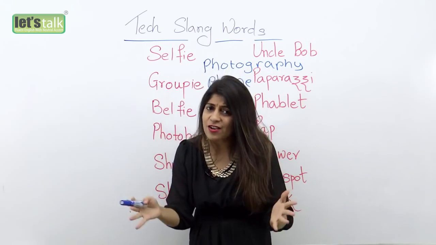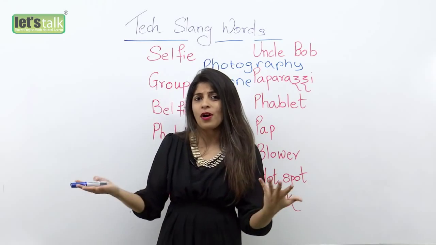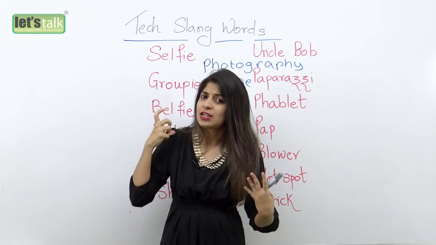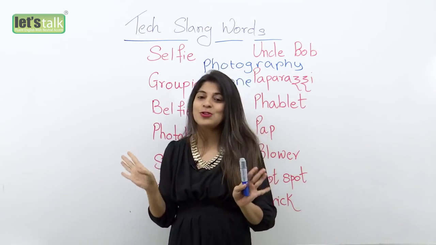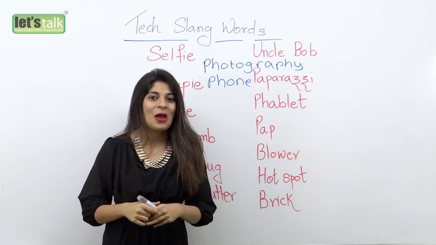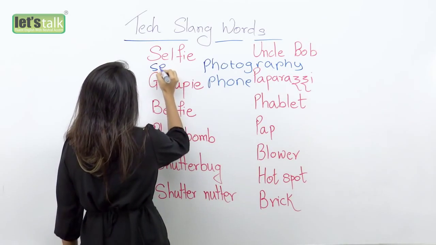So most of the youngsters these days say, hey, will you take a selfie for me? Or let's take a selfie. So what exactly is a selfie? You extend your arm and then you take a picture of yourself. So you pout, you smile, but you're taking a picture of yourself. Okay, so that is a selfie, a self picture.